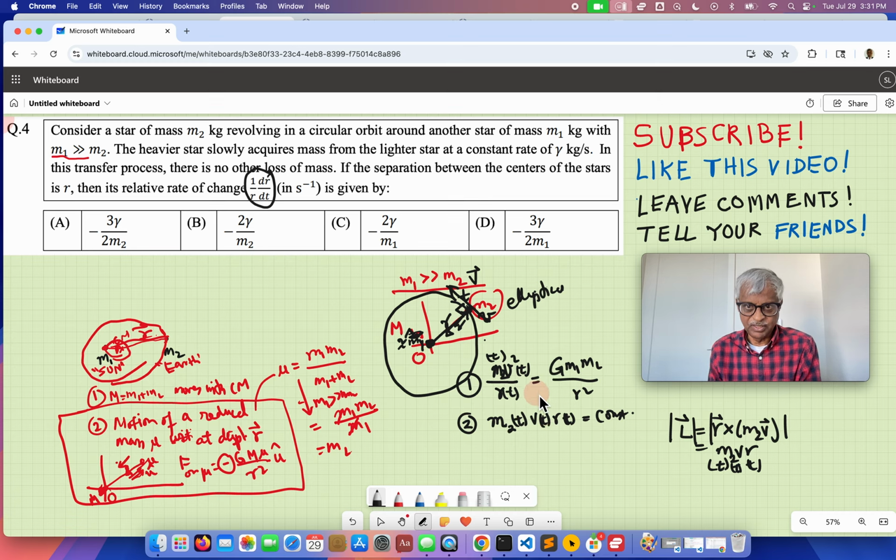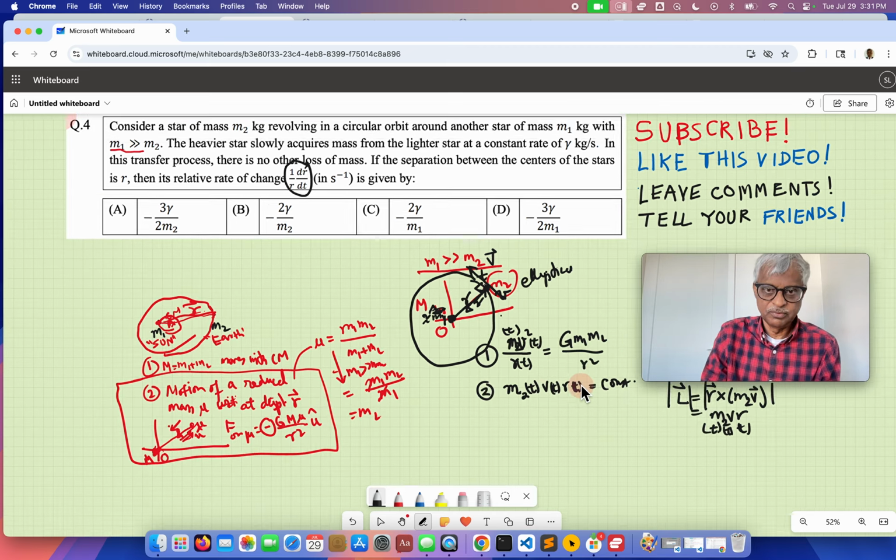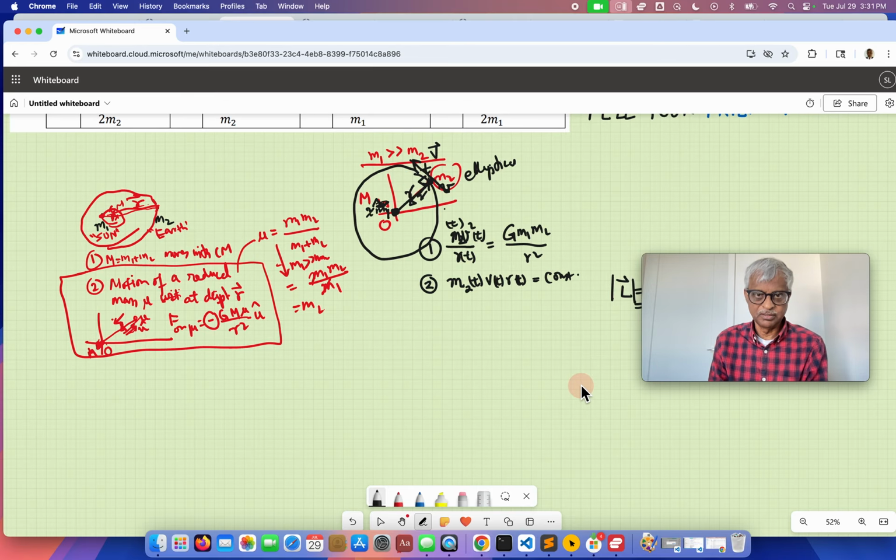We can get rid of v in favor of keeping r. m2 cancels out on both sides, and M1 is time dependent, so keep track of the time. So v squared equals G M1 over r.